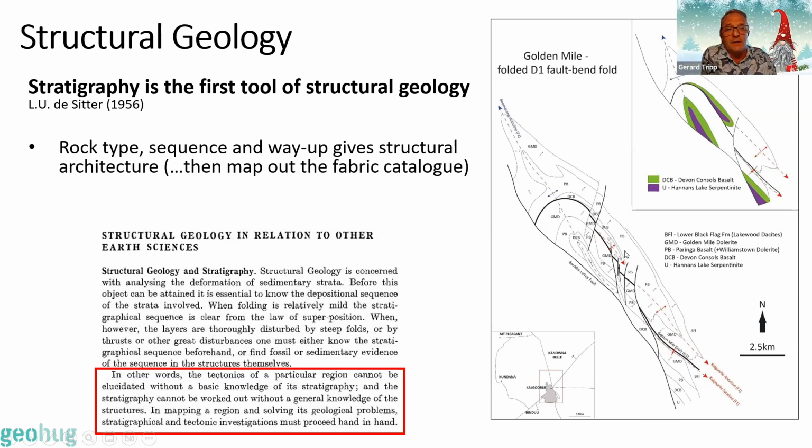He's got pillow facing, all sorts of facing indicators. Now we can put that together and say, right, now I can see the structure. I've got a refolded early fault-bounded fold that actually maps out the major structure of the area, with 60 million ounces of gold sitting on this early D1 fault that's been refolded around an F2 fold. That's really important stuff, and we get that from something as basic as just which way the pillows go.